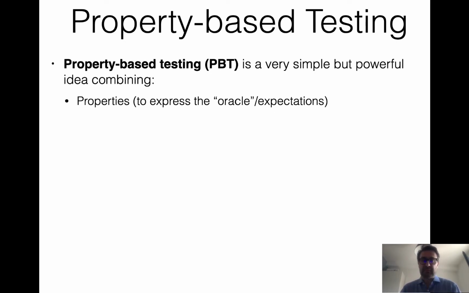What the properties do is that they are functions or methods in a programming language, and they take test data as input, and they call the software that you're testing. So they call into the API or the library or the piece of code that you're testing, and then they state what they expect to happen.